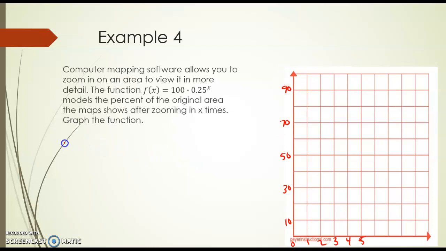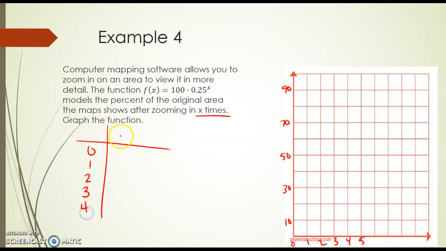All right, so again, we're going to plug in. On this one, because it's software, x is the number of times that we zoom in. You can't zoom in negative times. So when we make our graph, the x value is starting at 0. And I'm going to do 1, 2, 3, maybe 4.